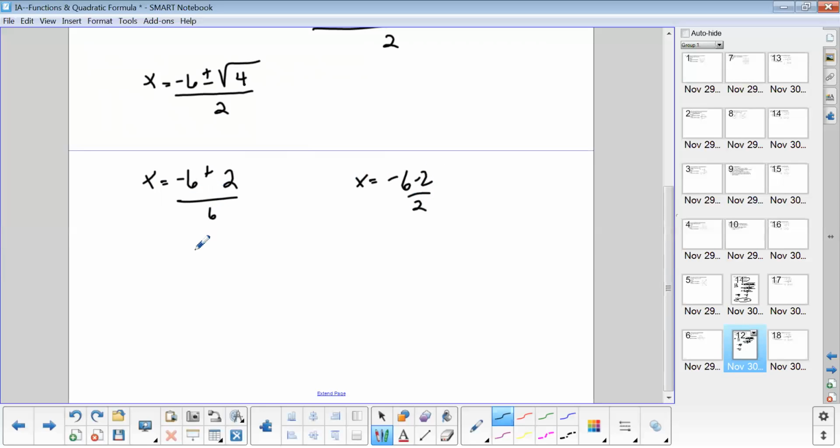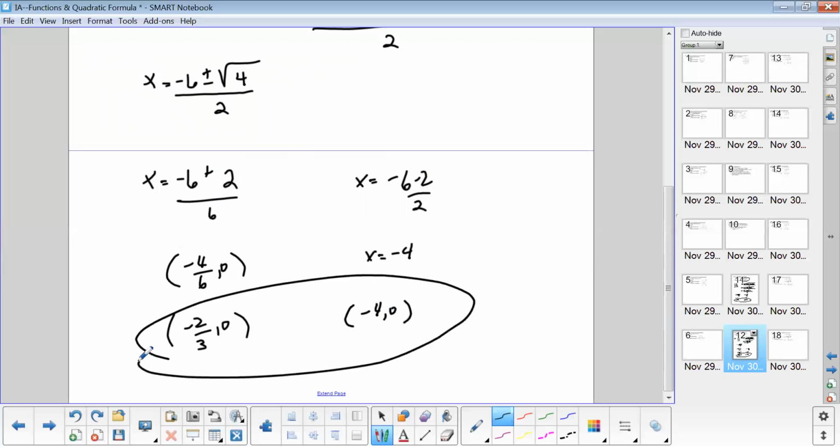So negative 6 plus 2 is negative 4, and negative 4 divided by 2 is negative 2, so I'm going to get negative 2, comma 0. And negative 6 minus 2 is negative 8. Negative 8 divided by 2 would be negative 4. So negative 4, comma 0. So those would be your solutions to the quadratic using the quadratic formula.